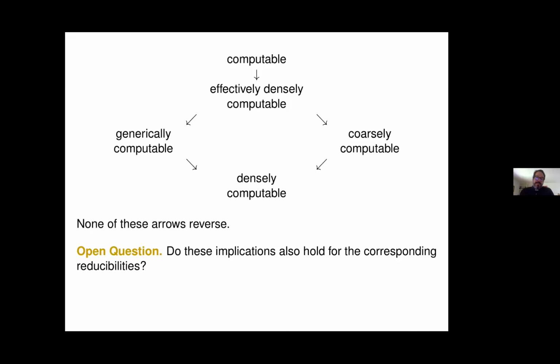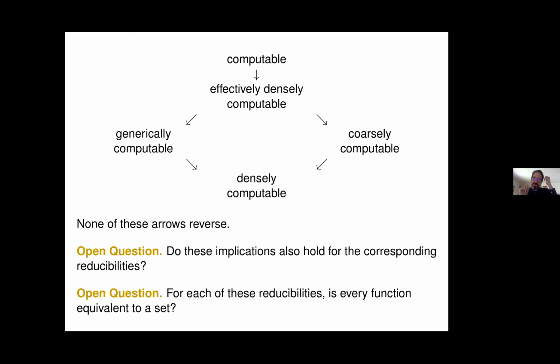Now, in most cases of reducibilities that I know, certainly something like Turing reducibility, we don't make too much of a distinction because the Turing degrees of functions are the same as the Turing degrees of sets, right? Every function is Turing equivalent to a set. But here we don't know. For each of these reducibilities, is every function actually equivalent to a set? And I don't know for any of them. So that's kind of embarrassing that it's open, but that's there.